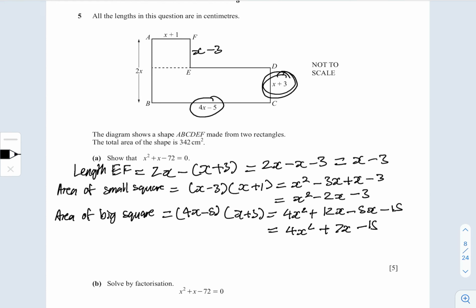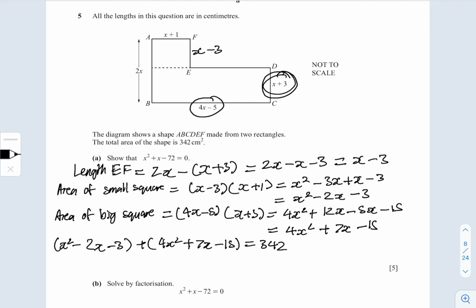So total area equals x squared minus 2x minus 3, which is the area of the small square, plus 4x squared plus 7x minus 15 equals 342, which is the total area here.